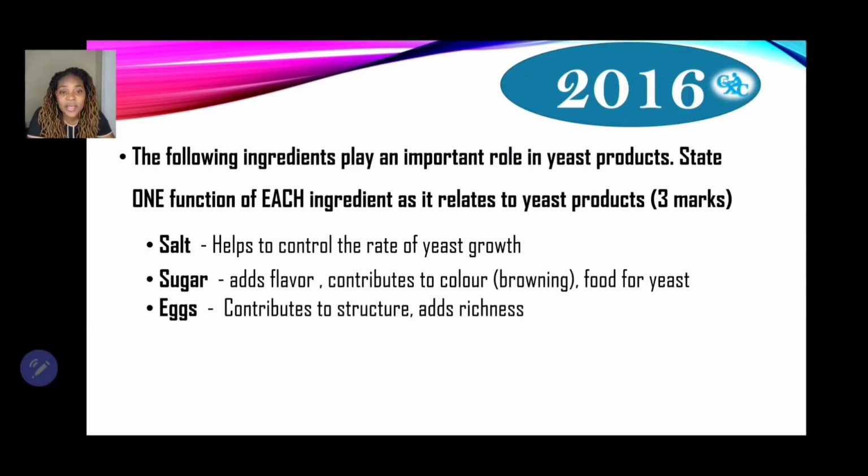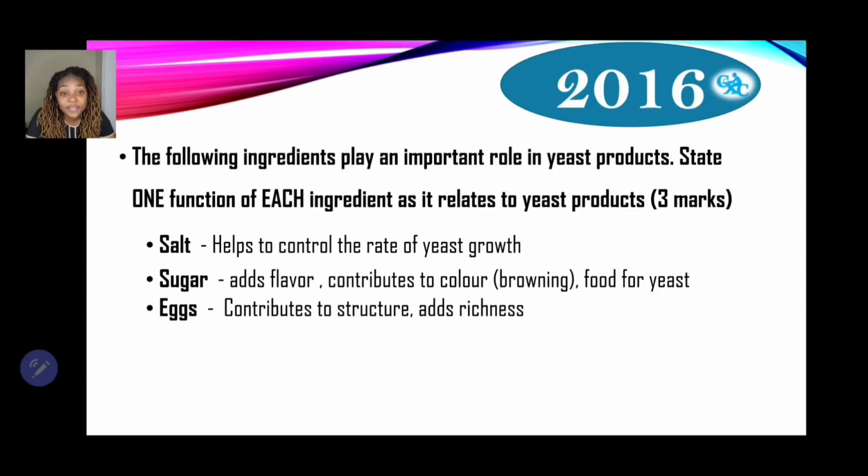So for example, we're making bread and we don't have as much salt in it. You know what can happen? The yeast can overreact, the product will expand too quickly, and then it can collapse. The salt helps to control the rate of the yeast growth. So if there is too little salt in the product, such as bread or whatever yeast product we're making, then the yeast can overreact, and guess what will happen?